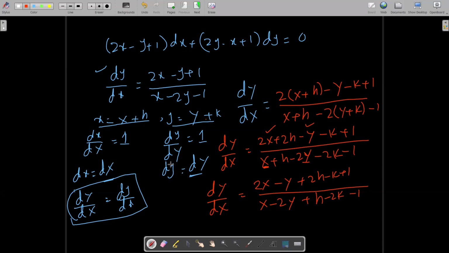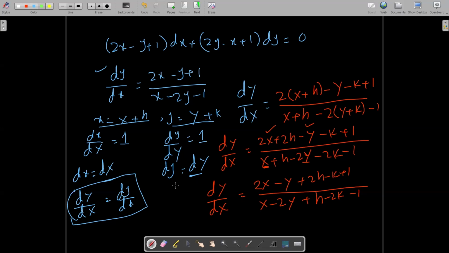Now, what's the next step? Do you remember? You have to write 2h minus k plus 1 equals 0 and h minus 2k minus 1 equals 0, and solve the system. Exactly.